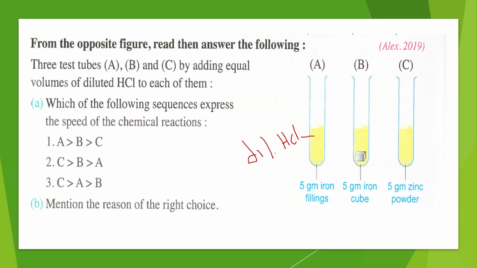In the first one, we have 5 grams of iron fillings. In the second one, we have 5 grams of iron piece or iron cube. And in the third one, we have zinc. We have zinc as a metal element.